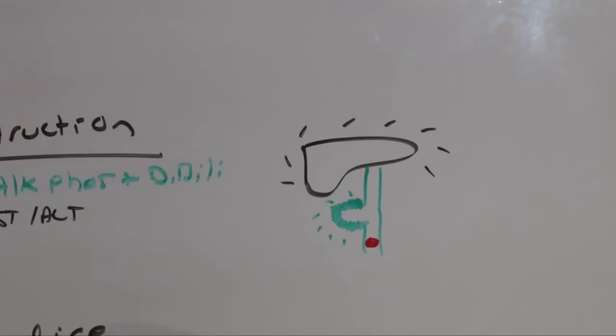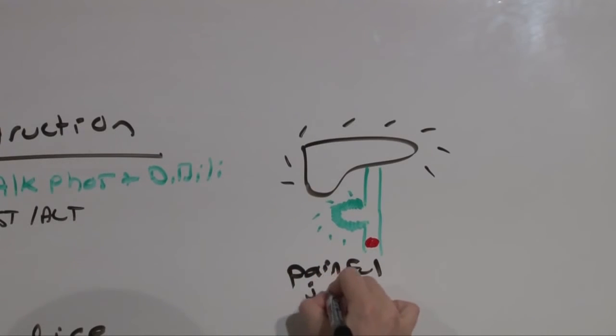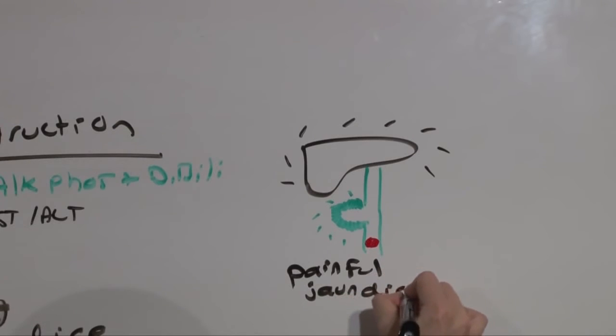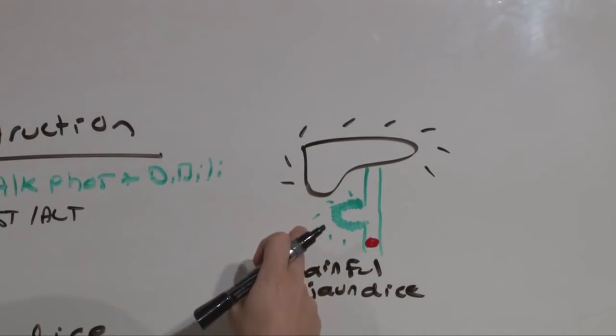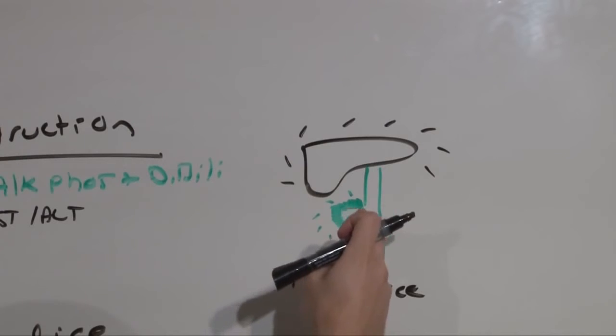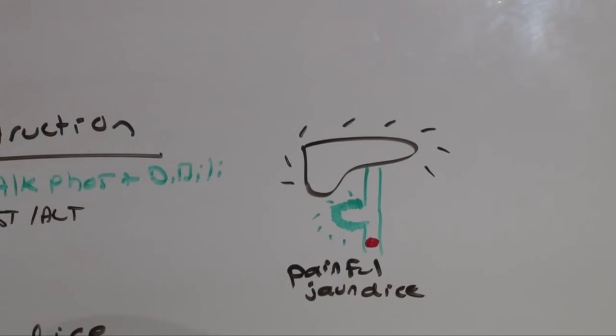So a painful jaundice is going to be acute and is more likely to be gallstones than cancer. You're going to see the elevation of the AST and ALT. You'll see an elevation in the amylase as a product of the gallbladder disease, and the ultrasound will show you not that much dilation, but a very thickened, inflamed gallbladder.